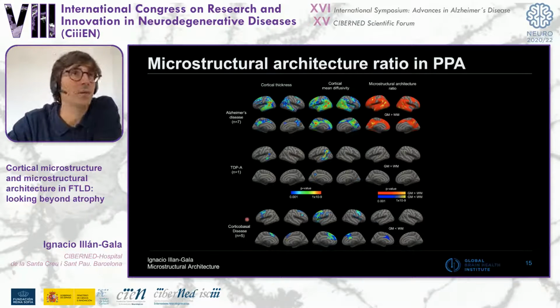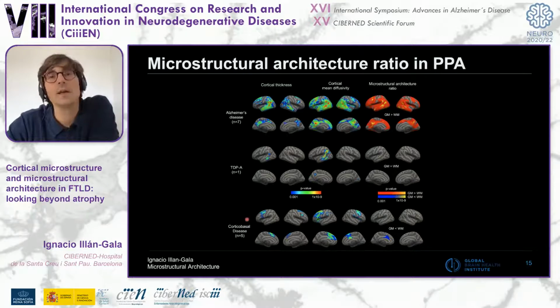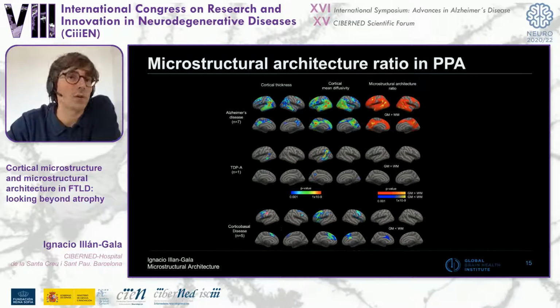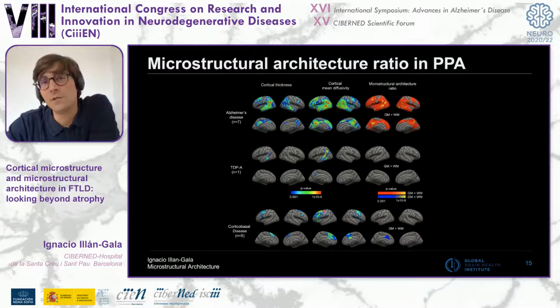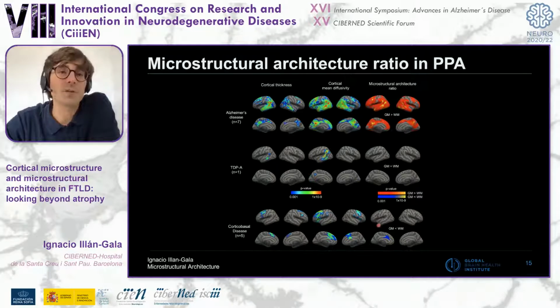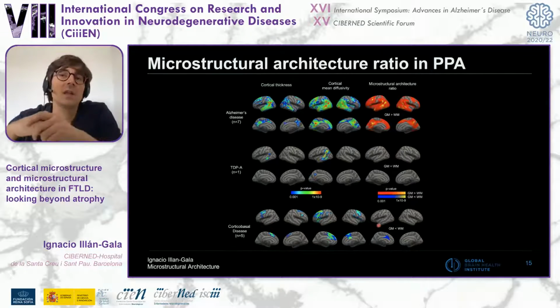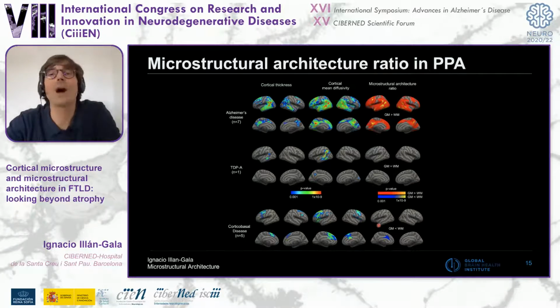This is a 4R tauopathy, where we also find atrophy and mean diffusivity changes. But very interestingly, when we look at this ratio, we see the opposite pattern to what we observe in Alzheimer's disease. In this case, patients have more microstructure impairment in the white matter than in the gray matter.